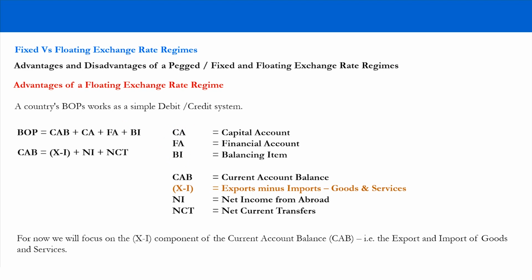Let's focus for the moment on the current account balance and the specific component of the current account balance, which is the exports minus imports, X minus I component, so net exports or imports. As I said, we're going to look at this in a lot more detail when we get to our systematic process, which is much further in the video series.